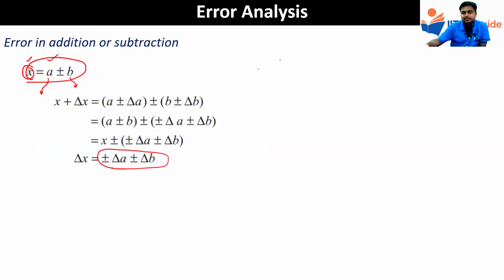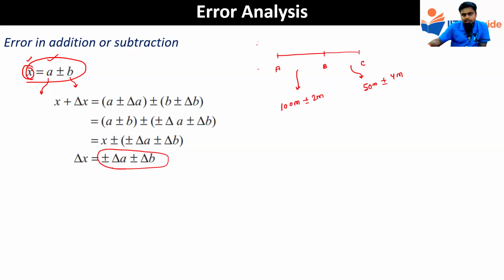For example, let us say there are two distances which have been measured, from station A to station B, and then station B to station C. This is 100 meters plus minus 2 meters, and here it is 50 meters plus minus 4 meters.